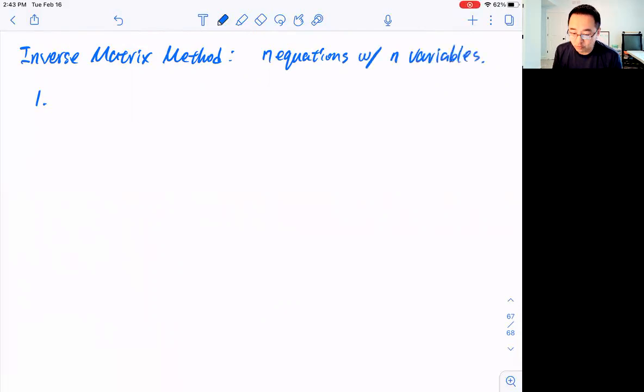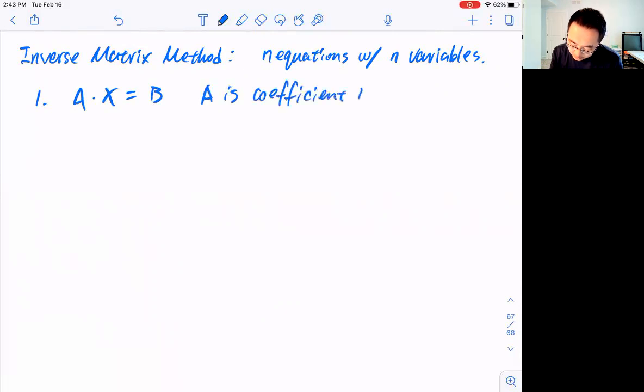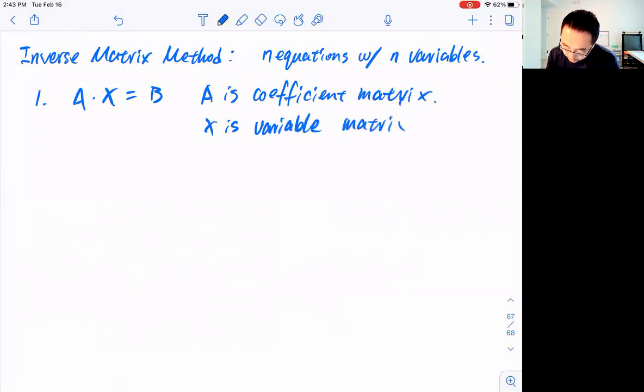You want to write it into AX equals B, where A is the coefficient matrix, X is the variable matrix, and B is your constant matrix. So you write it into the matrix equation form I showed you a few minutes ago.